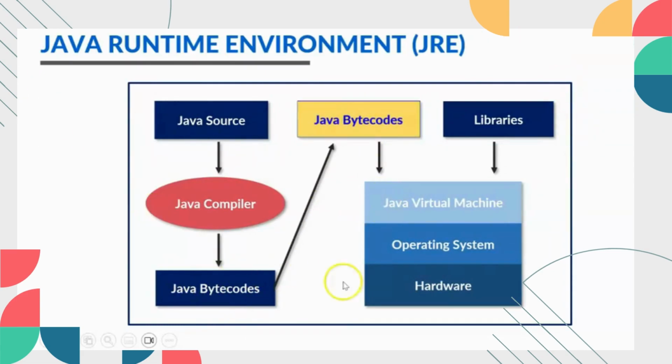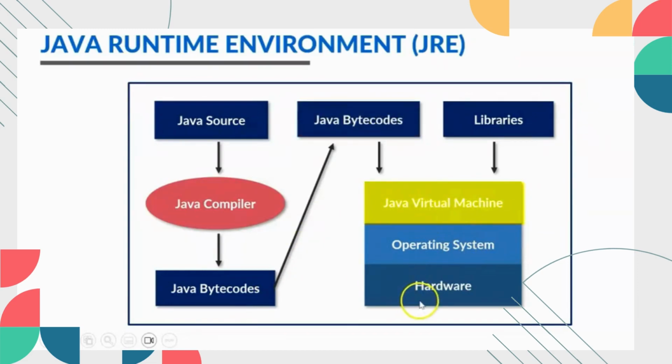You can run it anywhere, and it is loaded onto the JVM. The layers reside as hardware, then the operating system, and over the top of the operating system, the Java Virtual Machine and libraries reside, which give you the runtime environment to execute your bytecode.